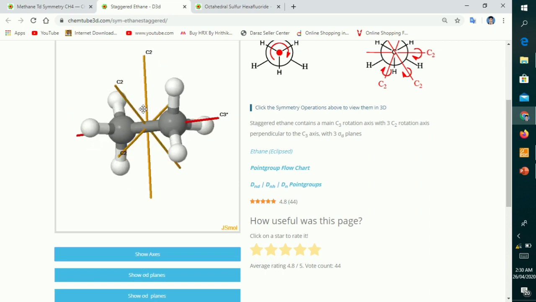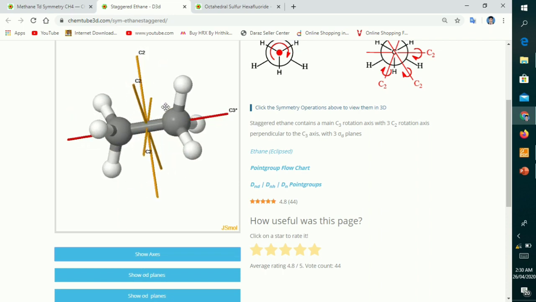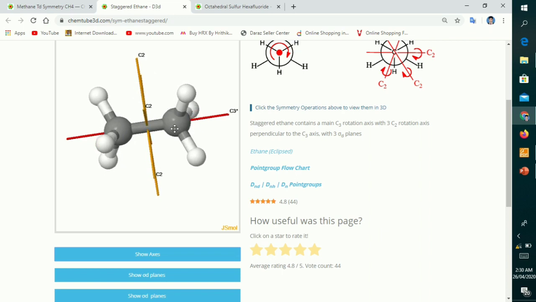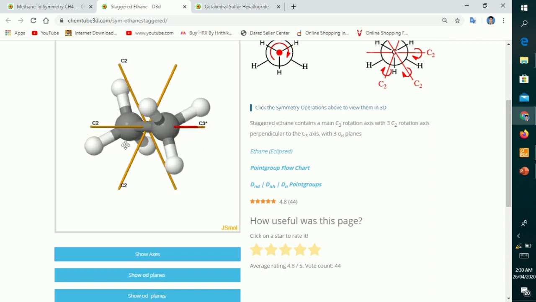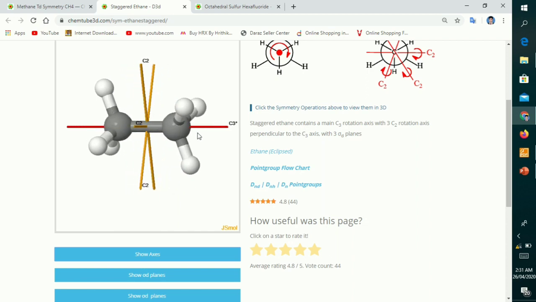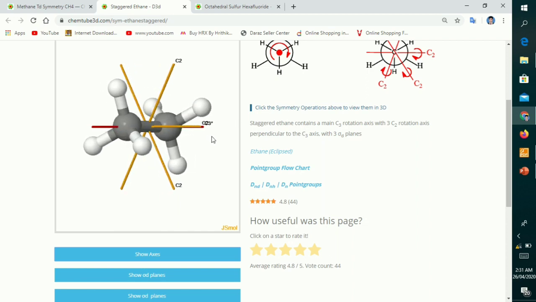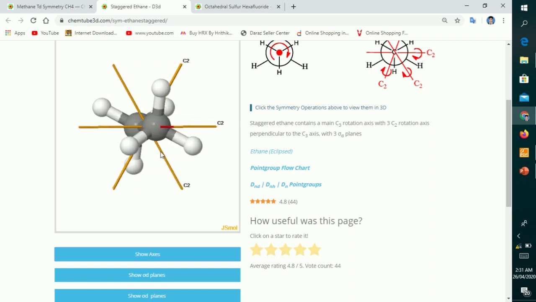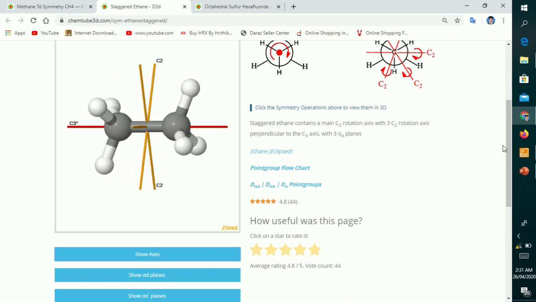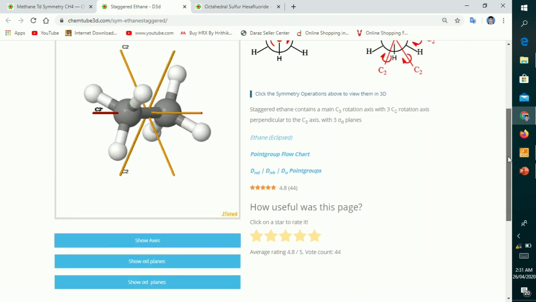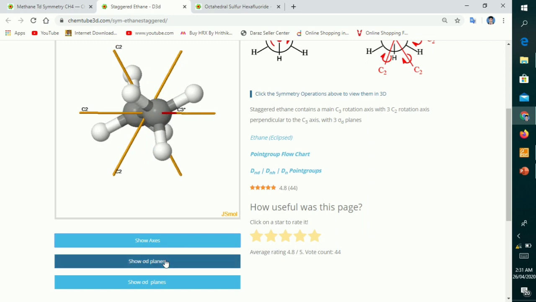These are the axes of rotation of C2 rotations. You can see it's quite obvious and clear from this three-dimensional diagram of staggered ethane. Yes, you need to learn how to find the different symmetry operations in this molecule. So now what about the sigma d?